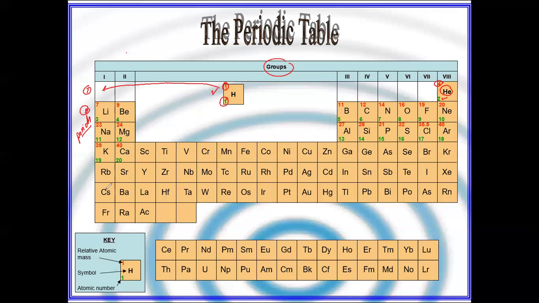Sixth is the longest but incomplete period. 2, 3, 4, 5, 6, and the seventh is the longest but incomplete period. You understand? So we will discuss this. These from here to here are all transition elements.